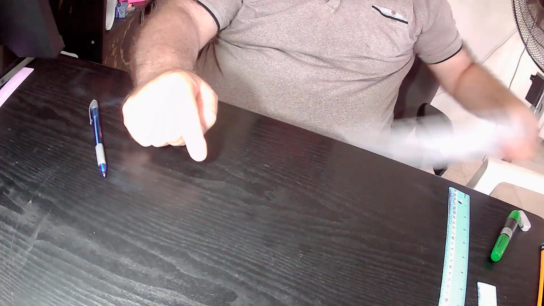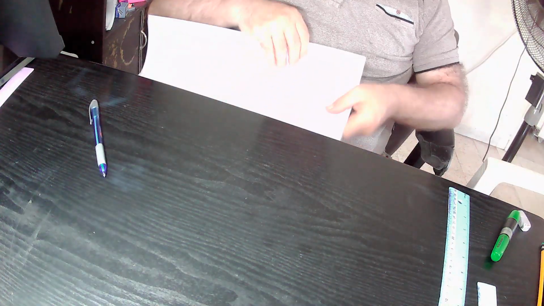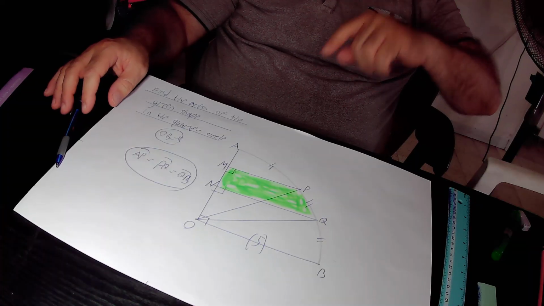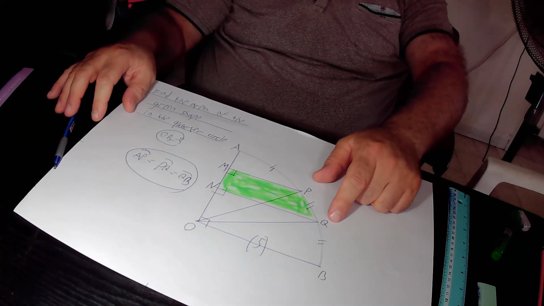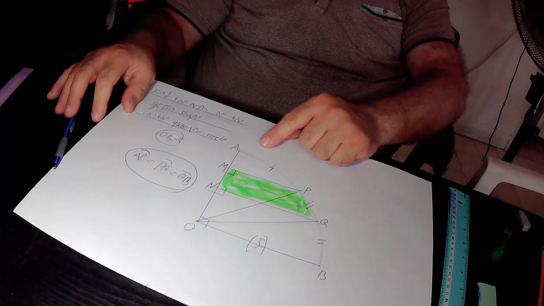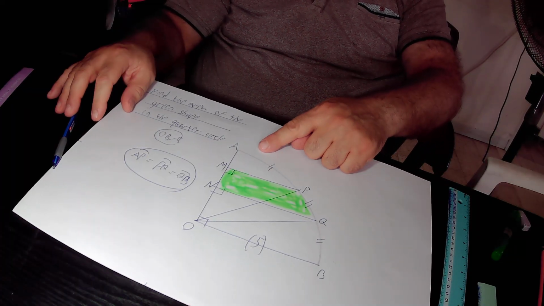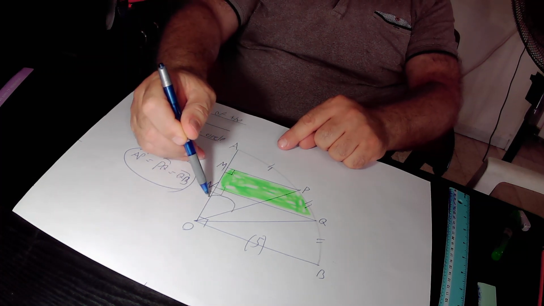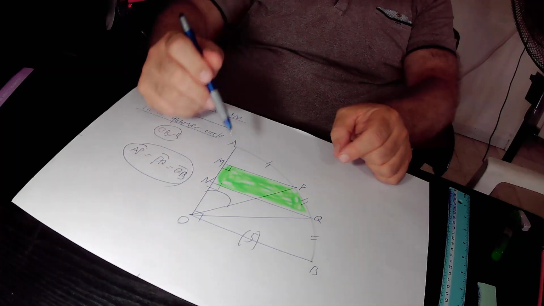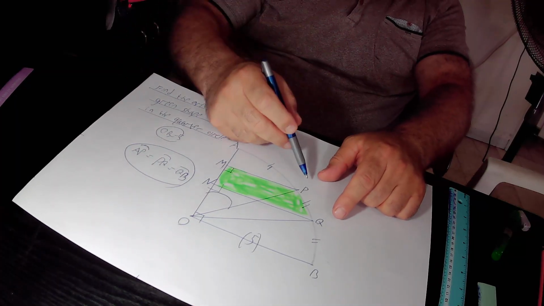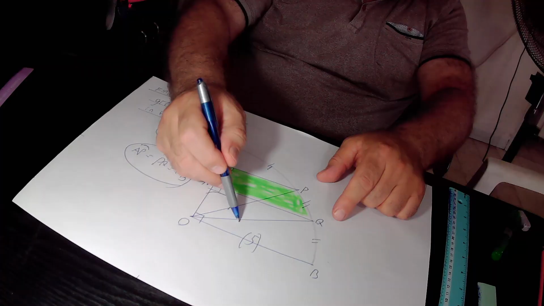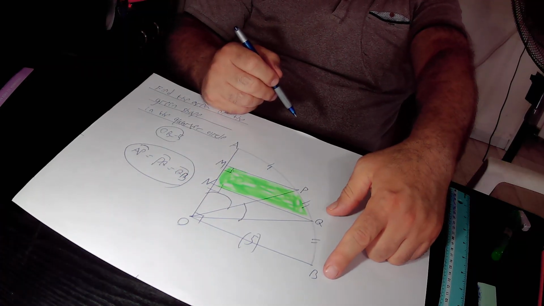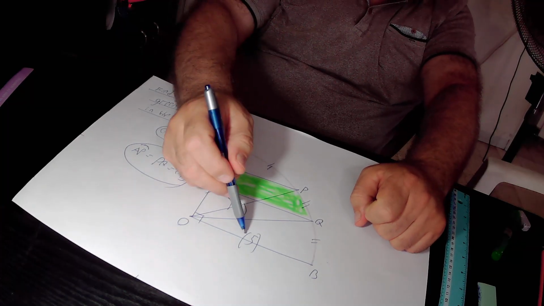So you can actually implement rule 20 in our drawing. Why? Because we know that arc AP equals arc PQ equals arc QB. In front of this arc AP, we have center angle AOP. In front of this arc PQ, we have center angle POQ. And finally, in front of this arc QB, we have center angle QOB.